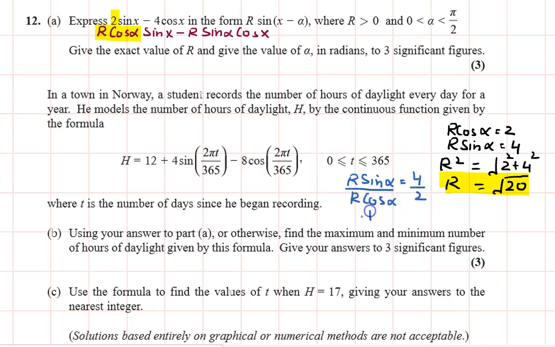So r cancels. Tan alpha is equal to 2. Alpha is equal to tan inverse 2. So that is 1.11. So this is the value of alpha in radians. Alpha is equal to 1.11.